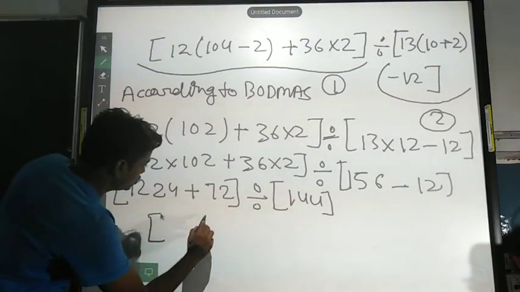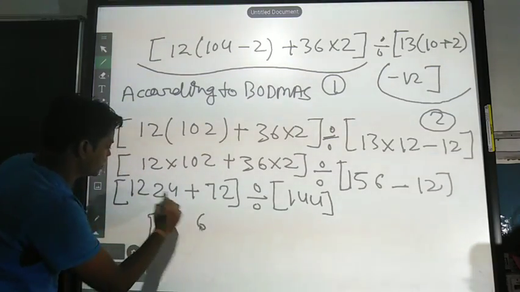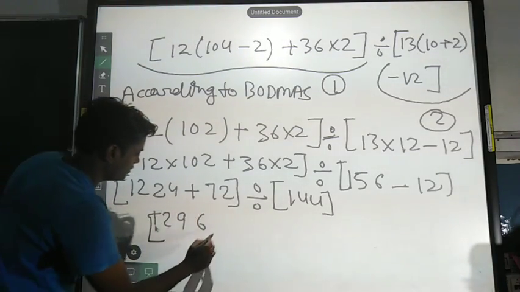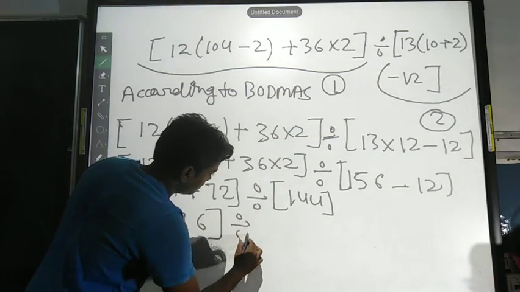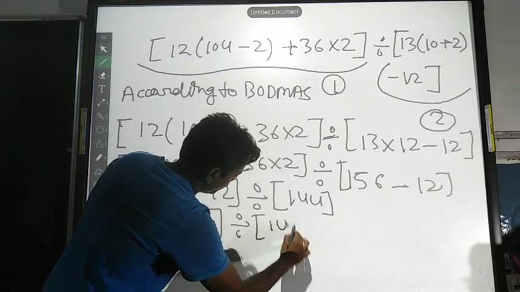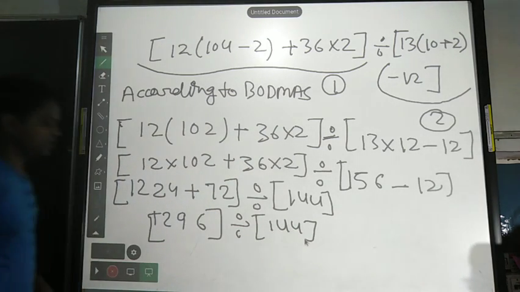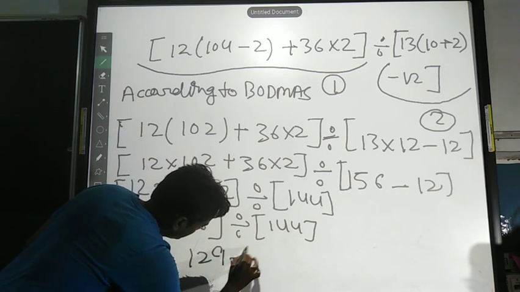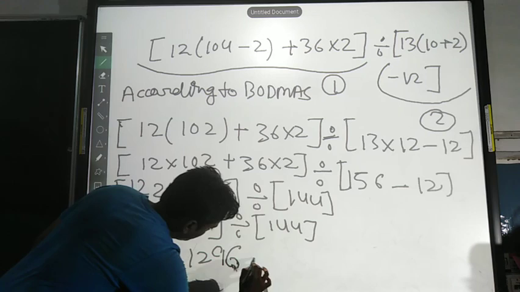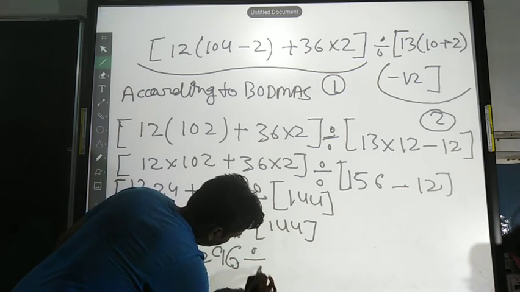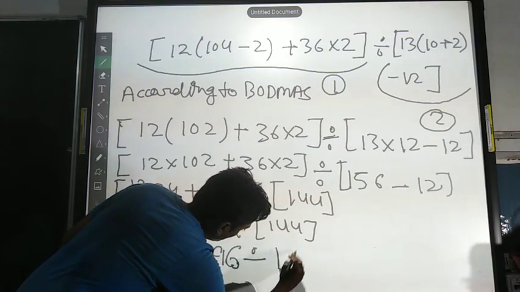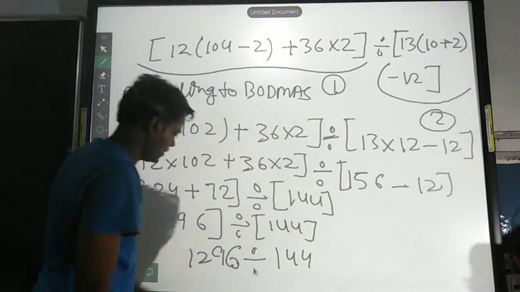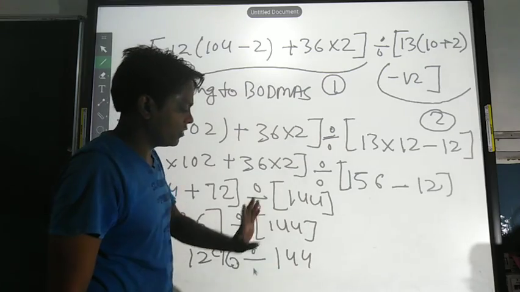So the first part gives 1296, divided by 144. So this is your last one: 1296 will be divided by 144.